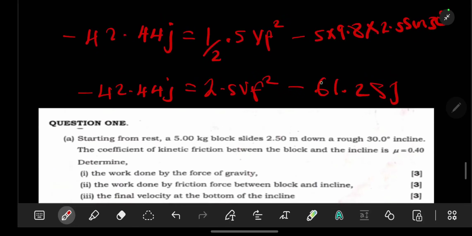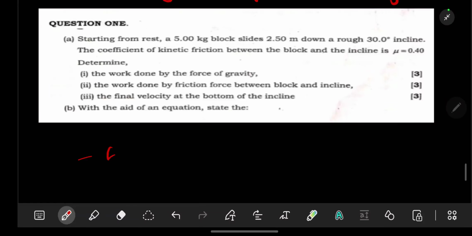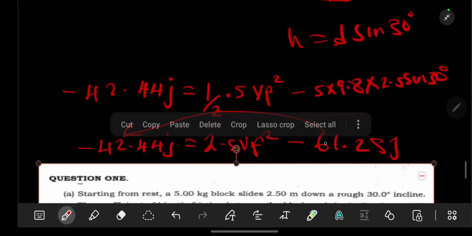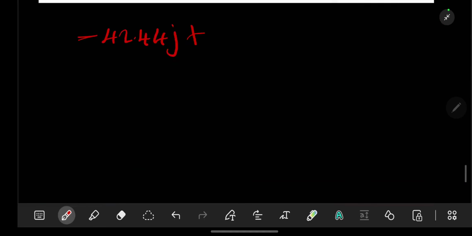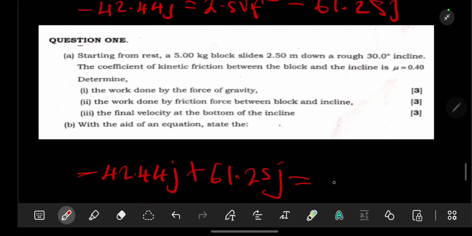When this goes to this side, we have negative 42.44 joules plus 61.25 joules equal to 2.5 v final squared.